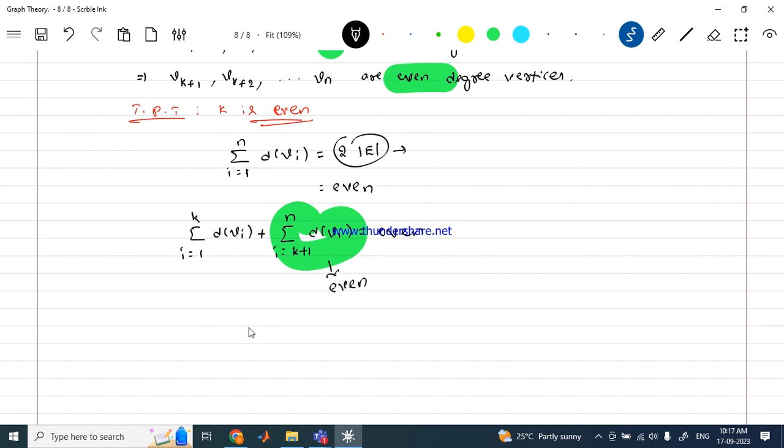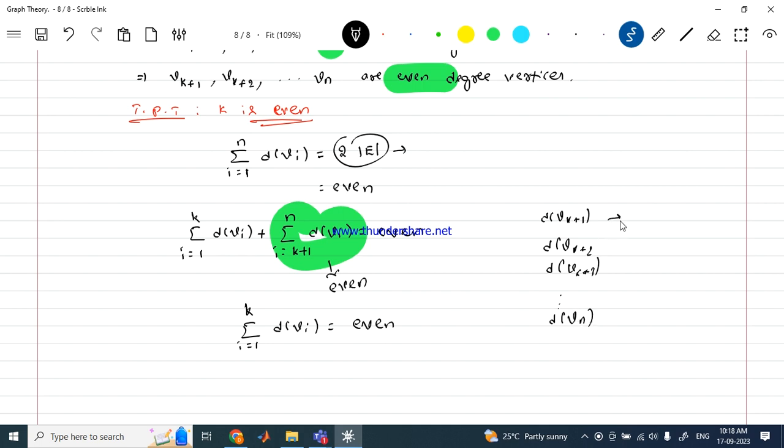So that says that summation i equals 1 to k of degree of vi is equal to what? Even number minus even number. What does it give? It gives an even number. Please try to understand. This is the sum of even numbers like degree of vk plus 1, degree of vk plus 2, degree of vk plus 3 and so on, degree of vn.